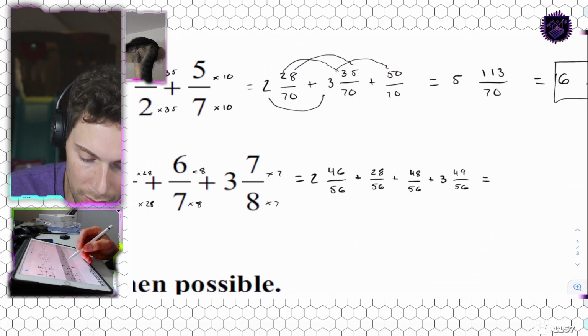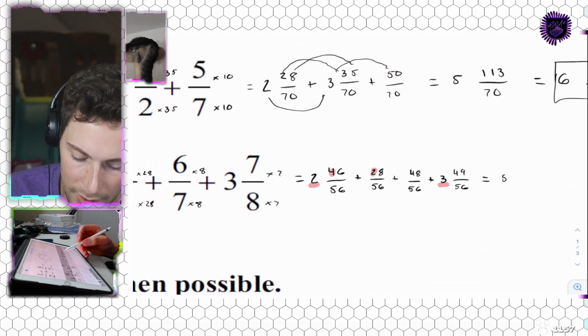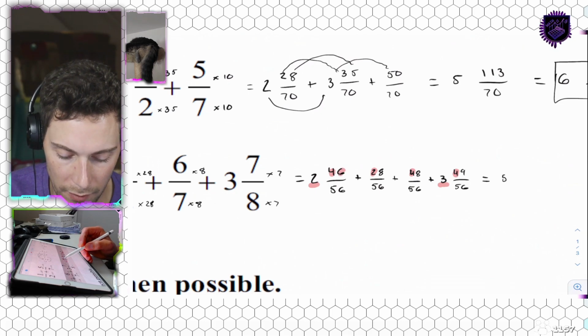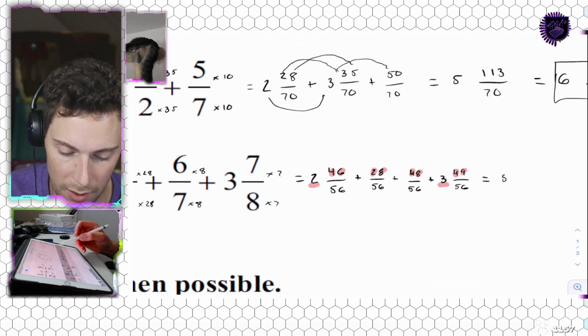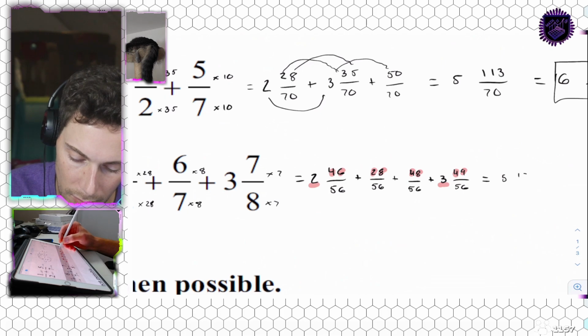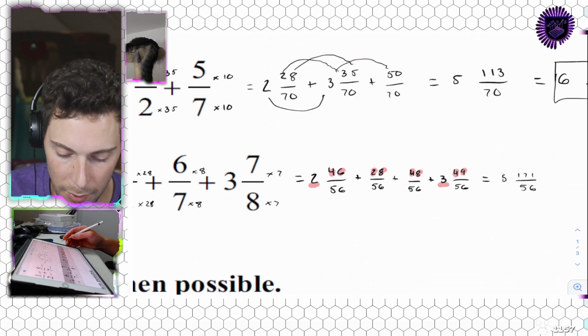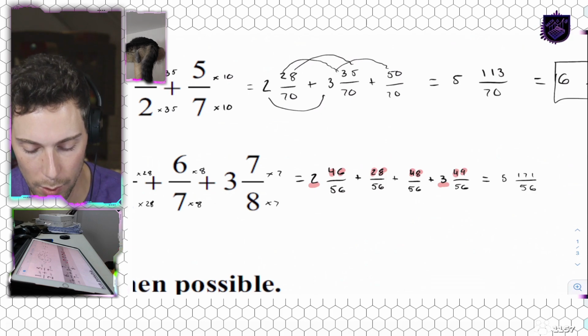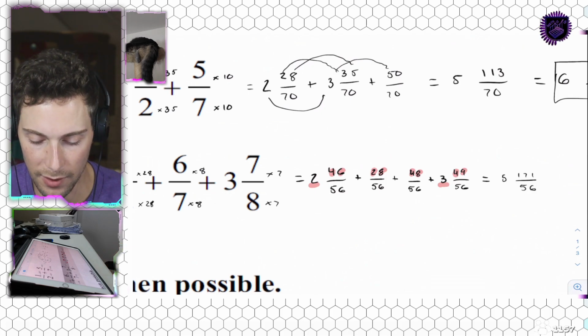Maybe I'll use red. 2 plus 3 is 5, and then 4 plus 2 is 6, 10, 14, so 140, 146, 155, 162, 171. 46 plus 49 plus 28 plus 48. 171.